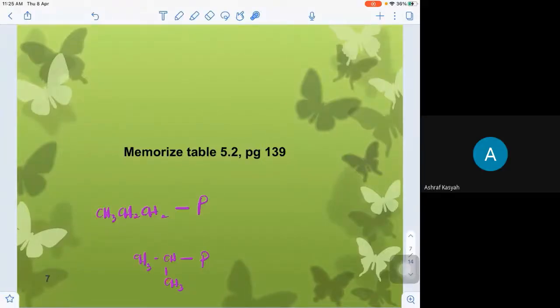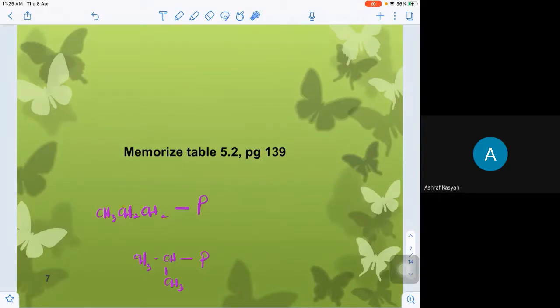So this one is not known as propyl only. You have to differentiate these two. This is propyl only, and this is isopropyl. We also have butyl, isobutyl, sec-butyl, tert-butyl. You have to memorize that. You can refer to table 5.2 later.